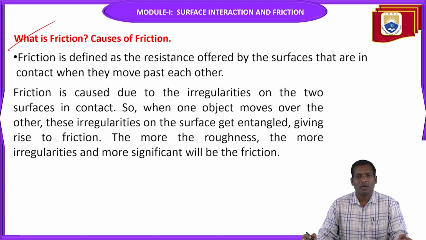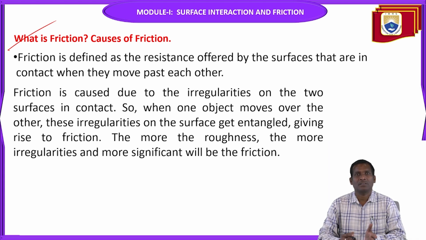When one object moves over the other, these irregularities on the surface get entangled, giving rise to friction. The more the roughness, the more irregularities and the more significant the friction. So like this, you should give the answer for this question, what is friction and causes of friction.